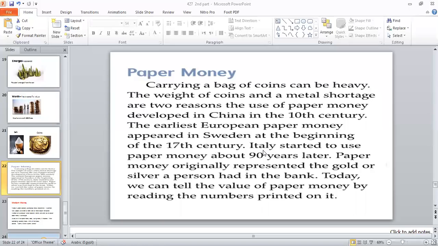Italy started to use paper money about 90 years later. Okay, we have to stop here, Muhammad. We have to stop paper money. Let me give a chance to another one.